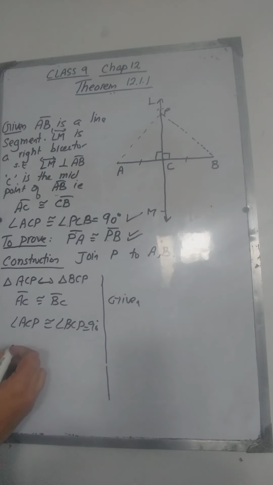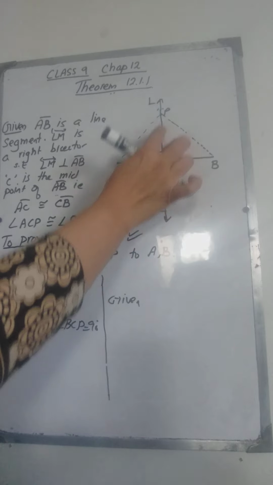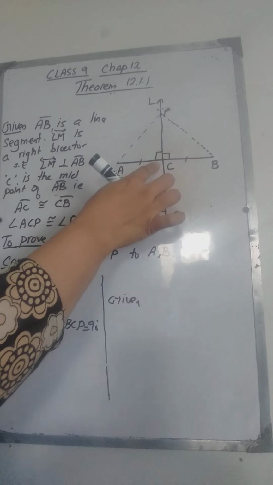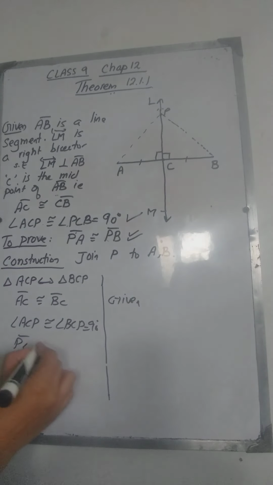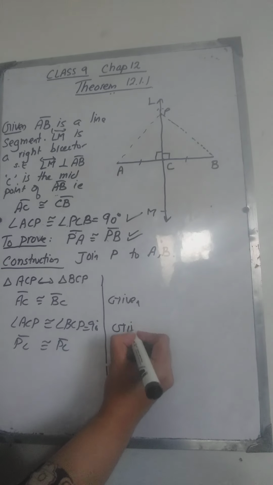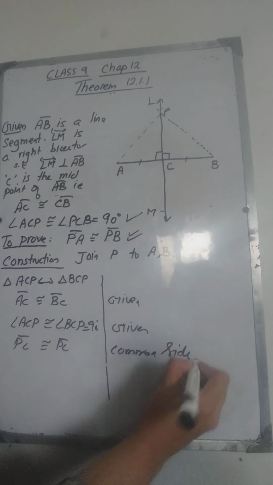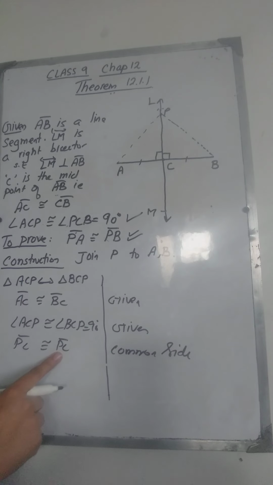Okay, and the next side which we can take is, look, AC is congruent to BC. This angle is congruent, and I'm going to take the side PC. PC is the common side of both the triangles, so it will obviously be equal to itself.